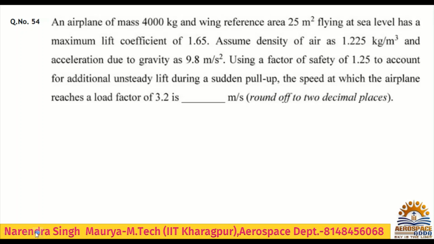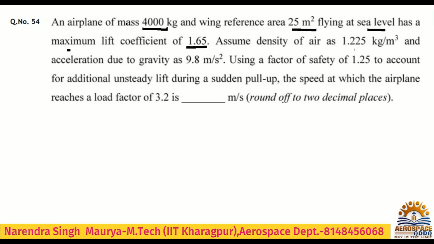Now this is another problem. Now check, this is problem number 54. All right, so read this. An airplane of mass 4000 kg, and wing reference area, meaning planform area, 25 meter square, flying at sea level, has a maximum lift coefficient of 1.65.